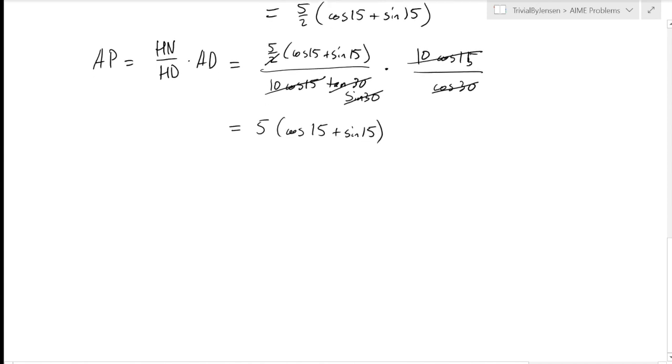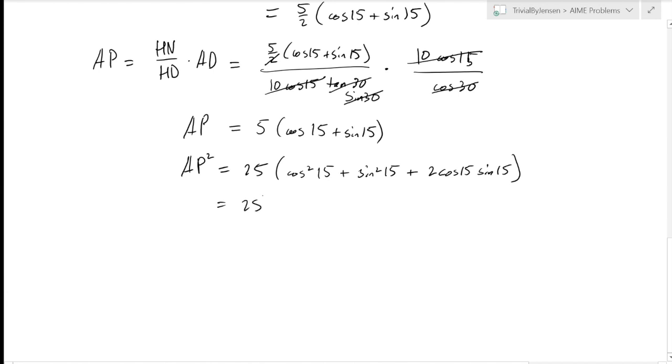Here, if you know the values off the top of your head, you can plug them in and square AP. But if you don't know the values of sine and cosine 15, that's okay, because the problem is asking for AP squared. If we square this, we're going to get cosine squared 15 plus sine squared 15 plus 2 cosine 15 sine 15.